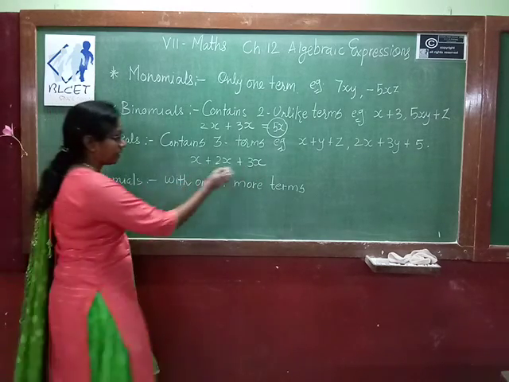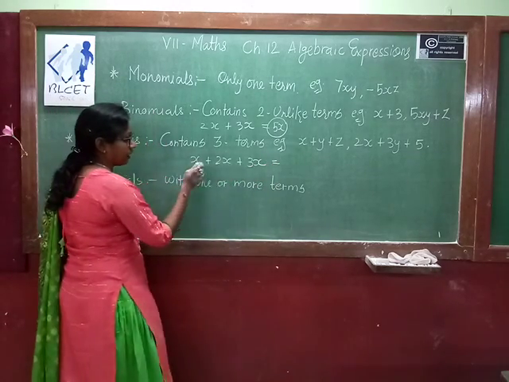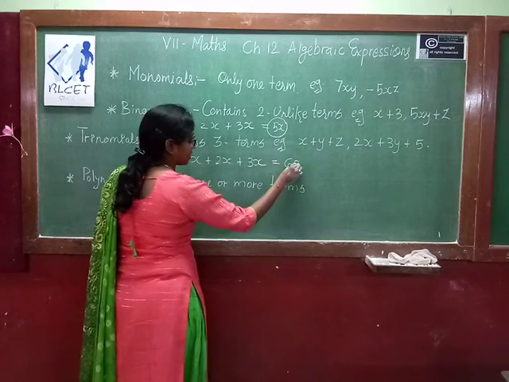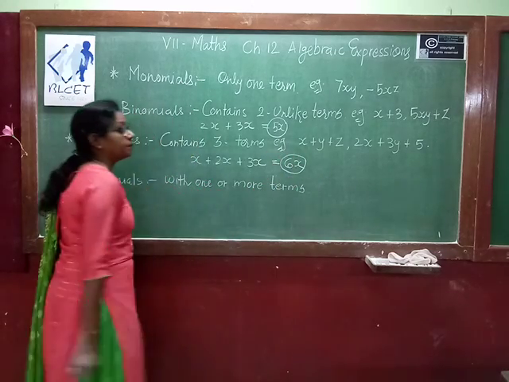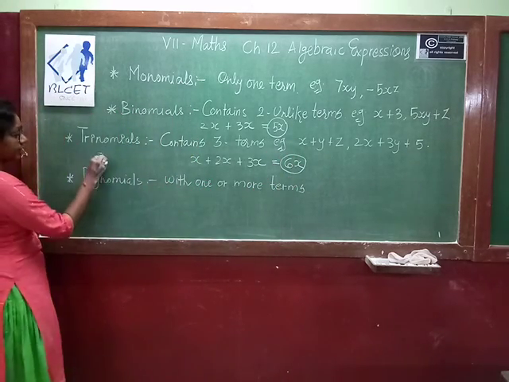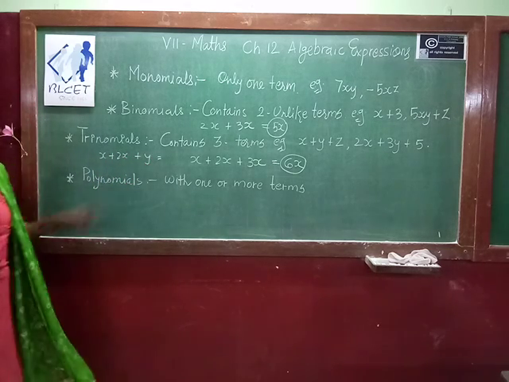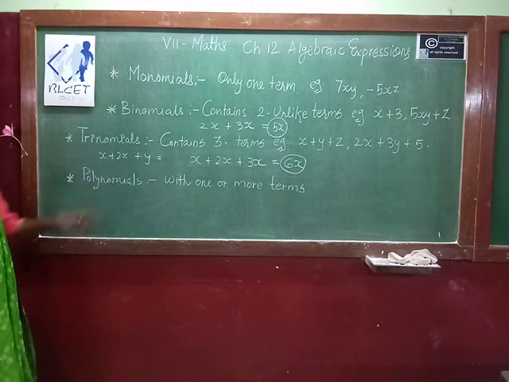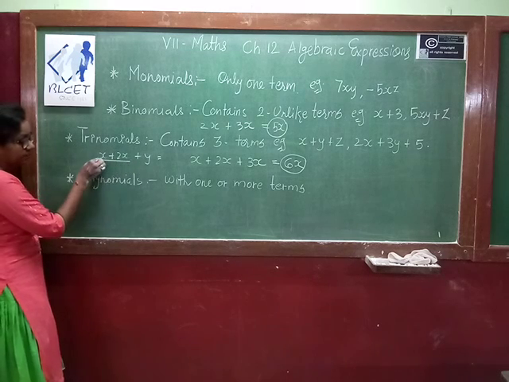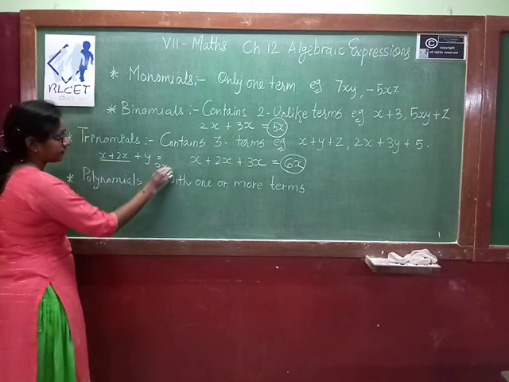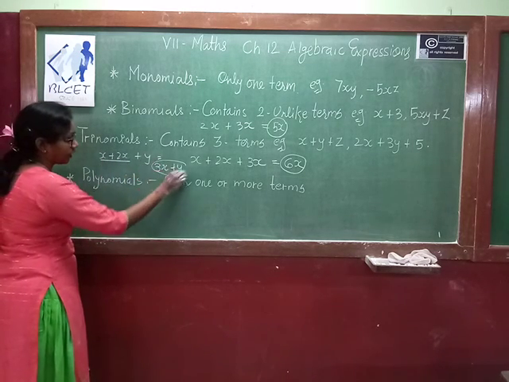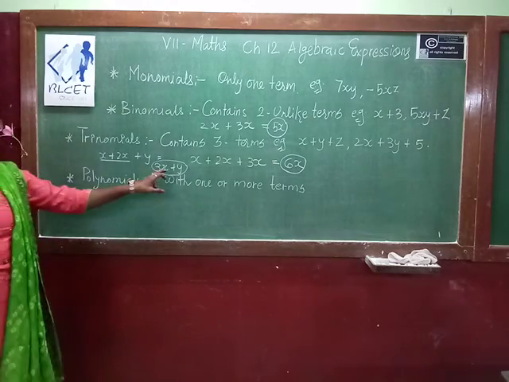No. When you add this, 1 plus 2 plus 3, it is 6x. So nothing but it is a monomial. Suppose you consider x plus 2x plus y and think that this is your trinomial. Again it is wrong. Why? These are like terms, so it becomes 3x plus y. So what kind of expression is this? This is your binomial.